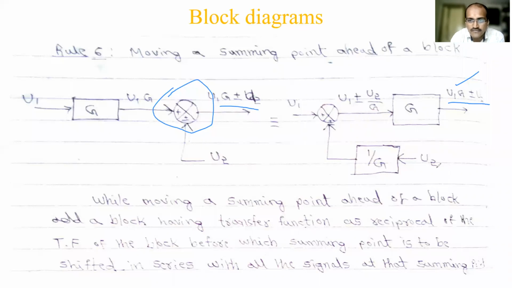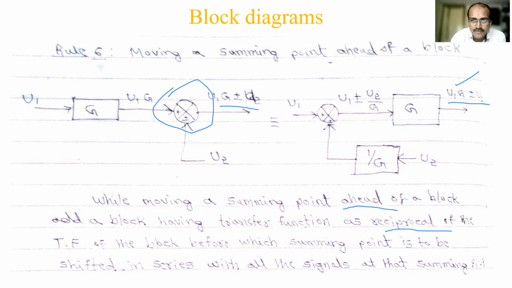What is the difference to the previous rule? Just see in the statement. While moving a summing point ahead of a block, the previous one was after a block, now it is ahead of a block. Add a block having transfer function as the reciprocal of the transfer function of the block before which the summing point is to be shifted, in series with all the signals at that summing point.